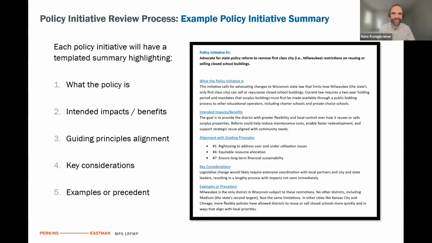It will not be an overnight situation to change state policy, and it will require a lot of coordination with local partners and government leaders. And lastly, having examples or precedent: noting that Milwaukee is the only district in the state dealing with this, while other large urban districts in other states, like ones we've discussed before, are not held to the same restrictions. So that is one example.